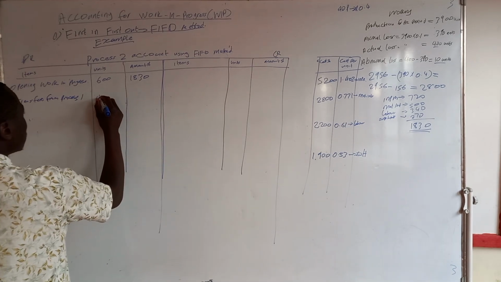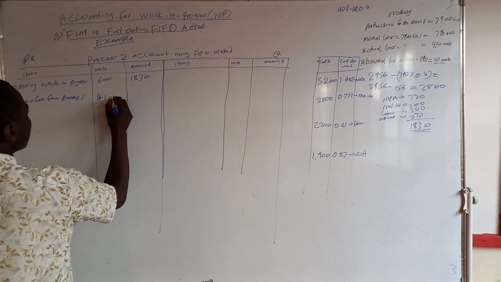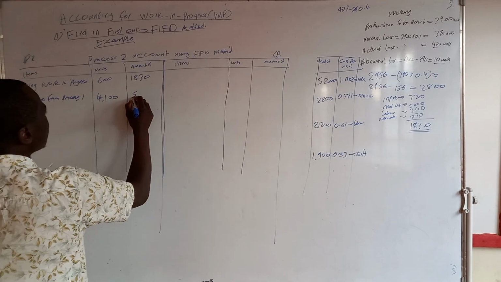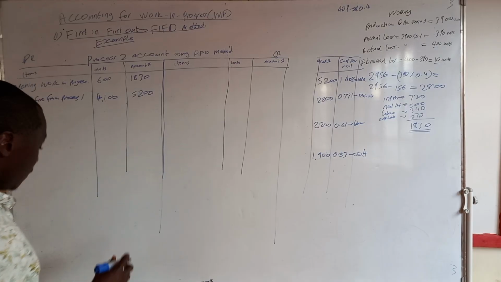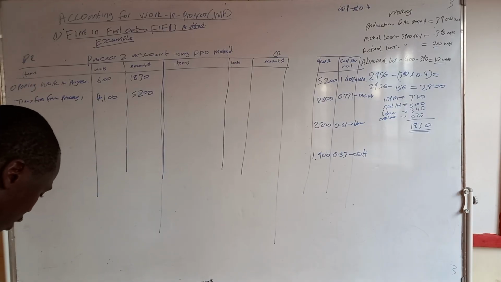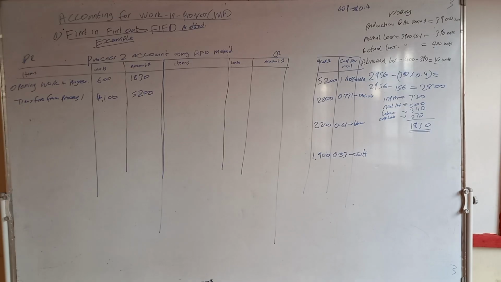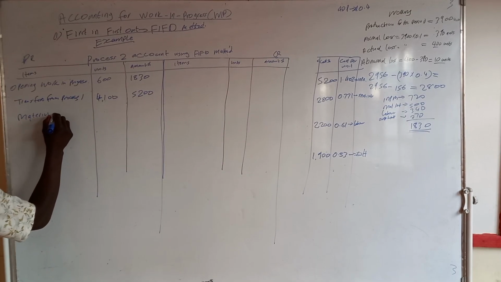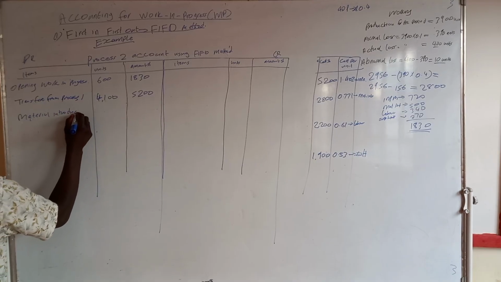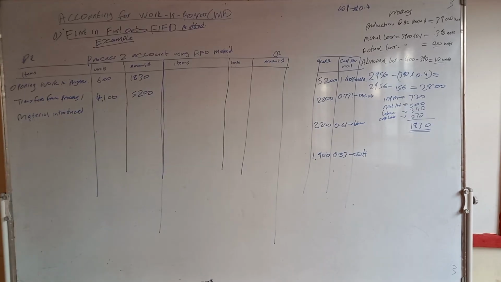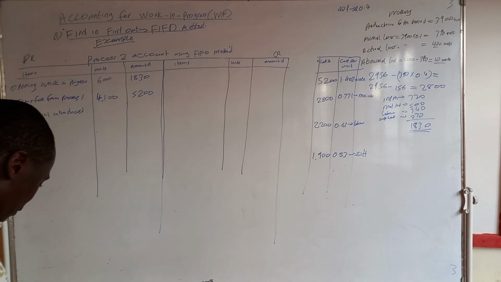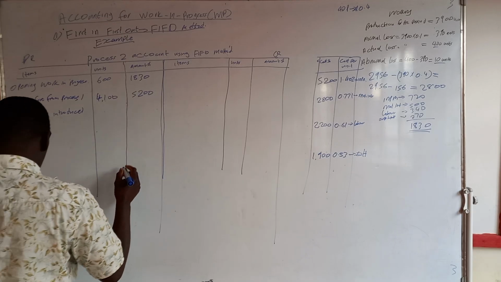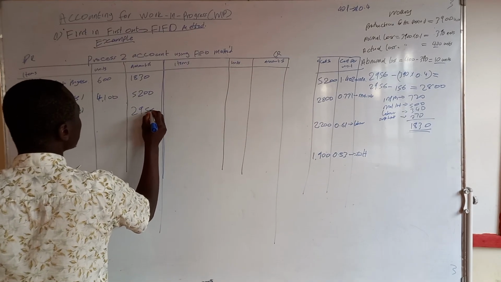From process 1 is 4,100. We are told this is 5,200. Then we had the labor, the material introduced. Material introduced for the period was 2,956.